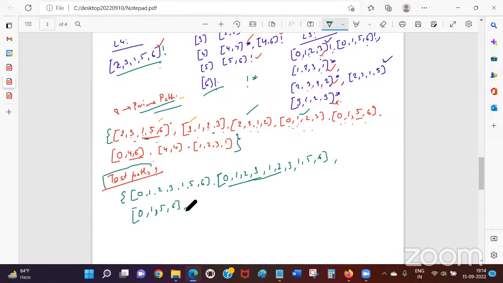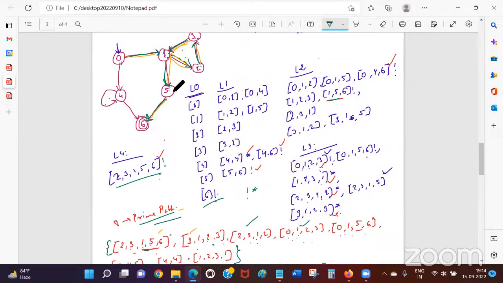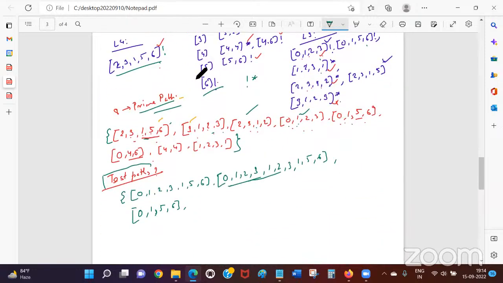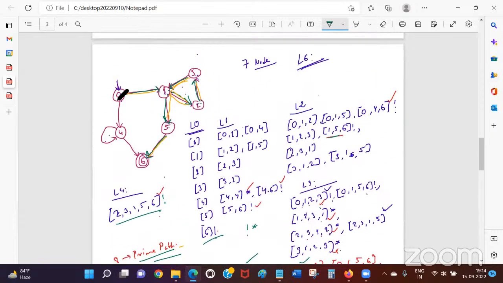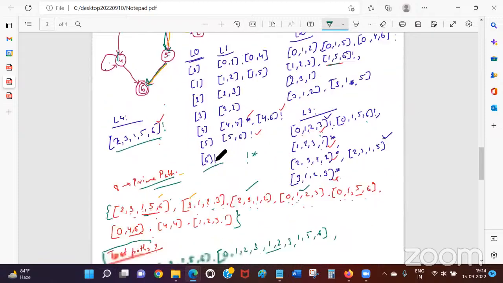So you can check out. We already get the paths which skip the loop, which repeat the loop once, which repeat the loop twice. So it's exercising my loop for different check conditions, right? Then 0, 1, 5, 6, I have done already. Let us check 0, 4, 6. Do I have it? No. So 0, 4, 6 is again an independent path.